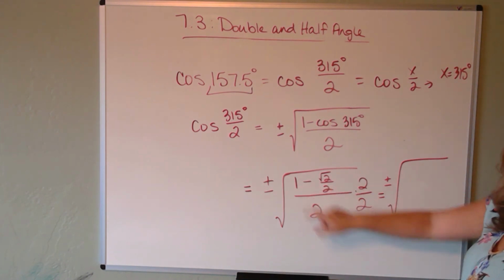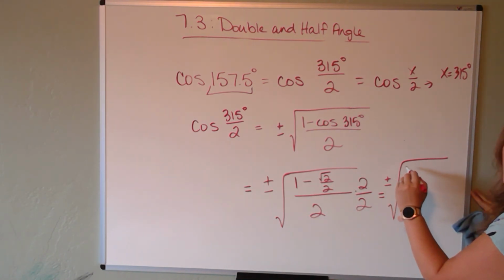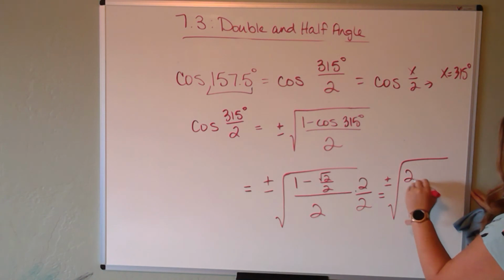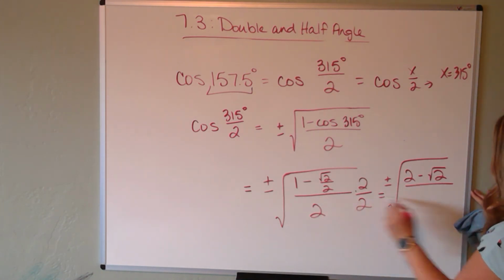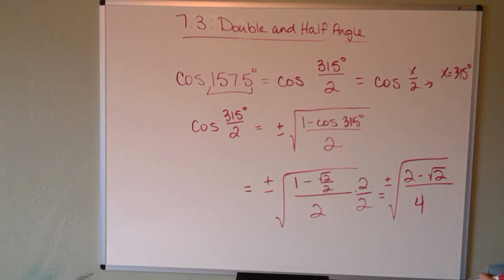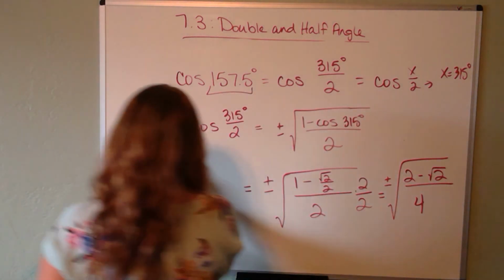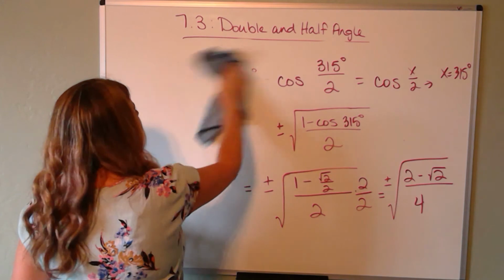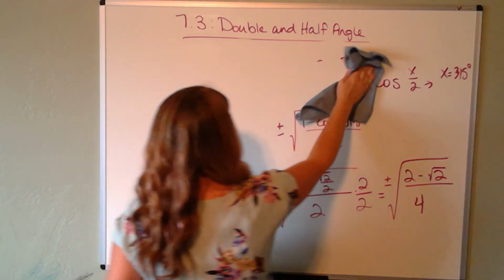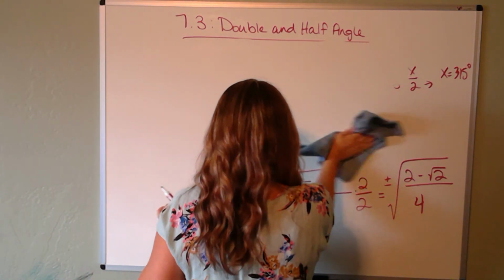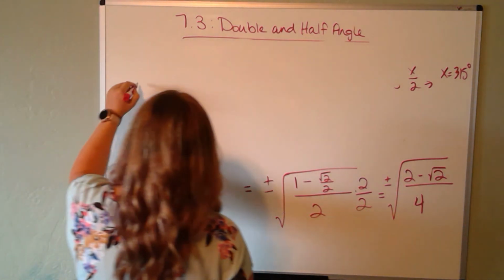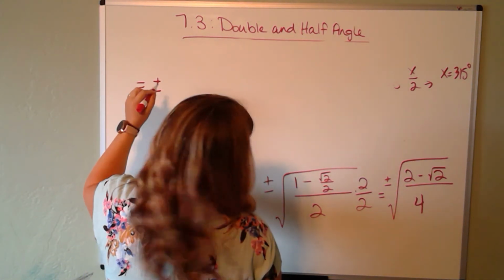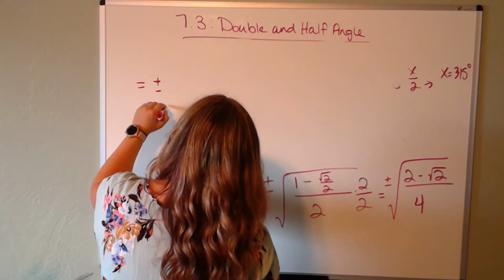Remember, you have to multiply this by 2 also. So I have 2 minus root 2. That's what's left there. And on the bottom, multiply that by 2 and I get 4. So let me bring it over here. Okay, so I'm at plus or minus square root of 2 minus root 2 over 4.